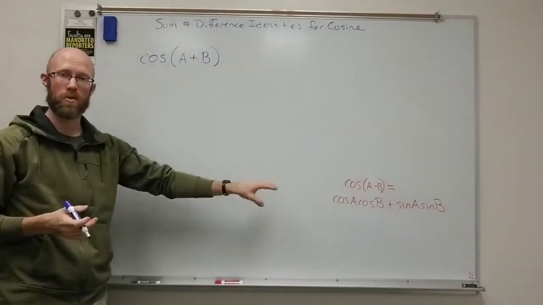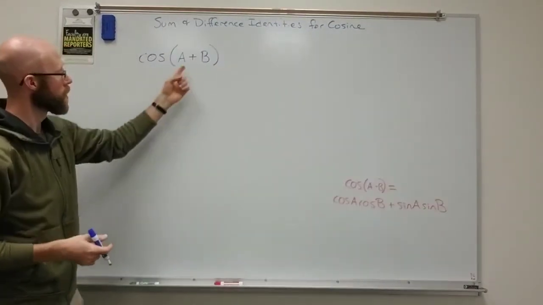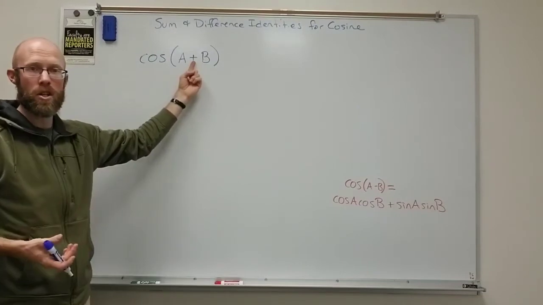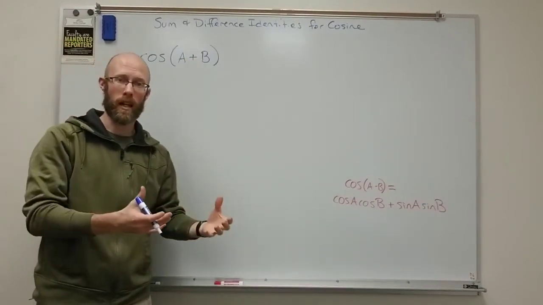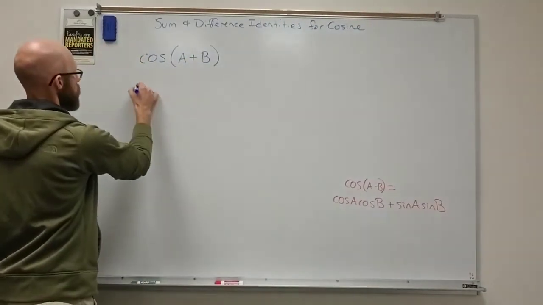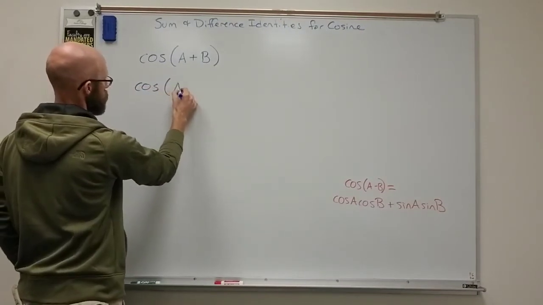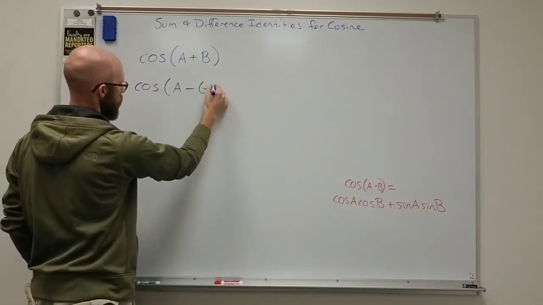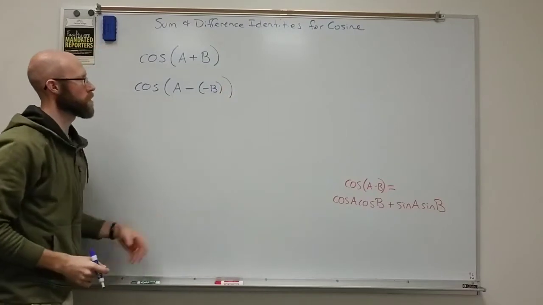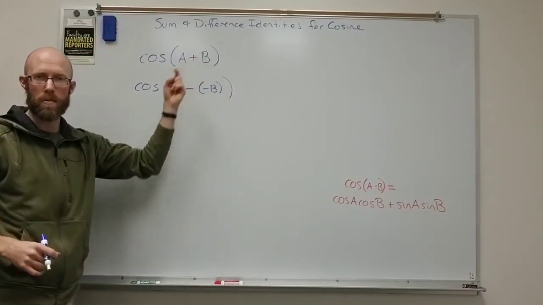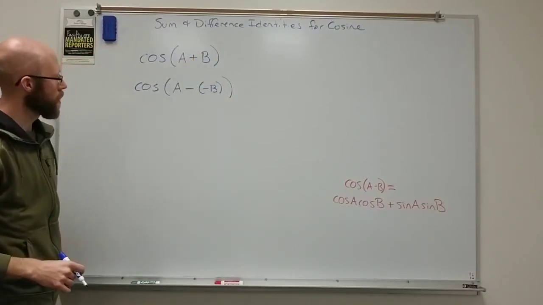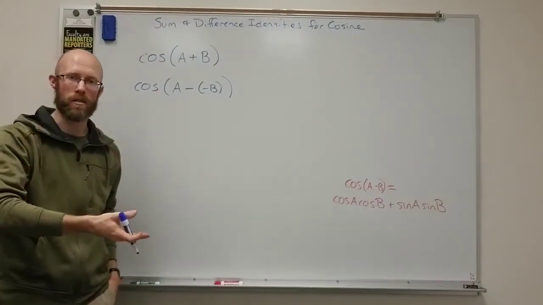You can use this formula, and I'll show you how. Consider the addition as the subtraction of a negative. So the cosine of a plus b is really the cosine of a minus negative b, right? Negative b is just as much an angle as b is. It's just opening in a different direction.